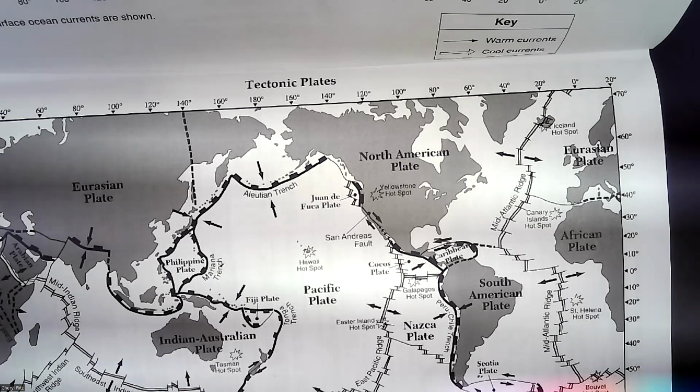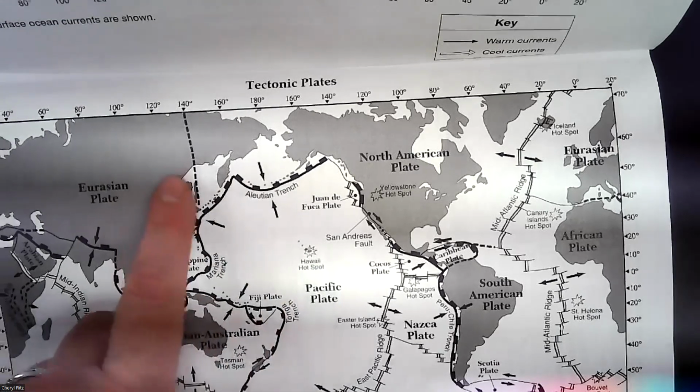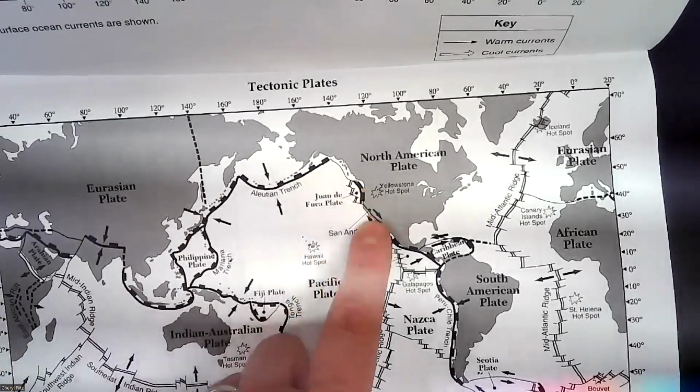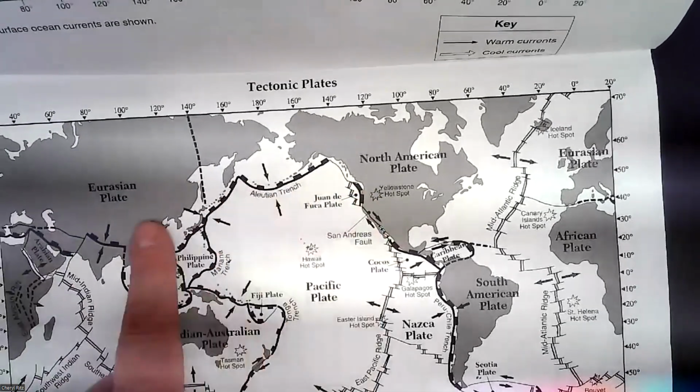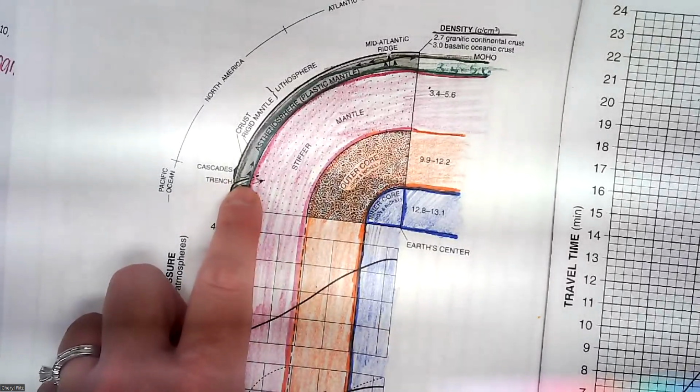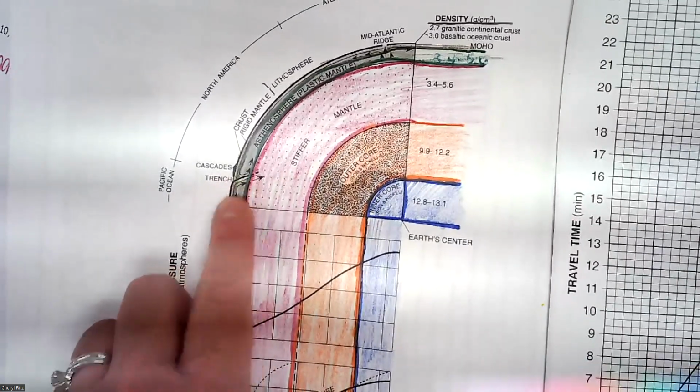A trench is formed. Now, the trench is not big enough or famous enough to make it onto this map. Like, they didn't label it like they labeled all these other ones, but they did show it to you here on page 10. We've got a trench right on the coast.